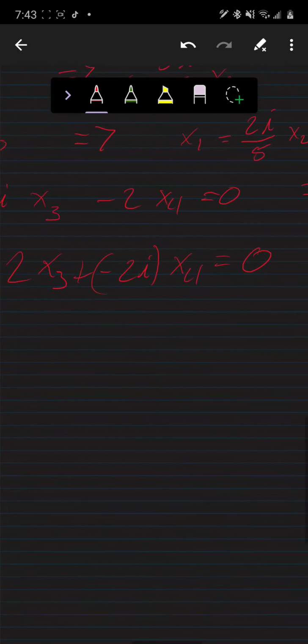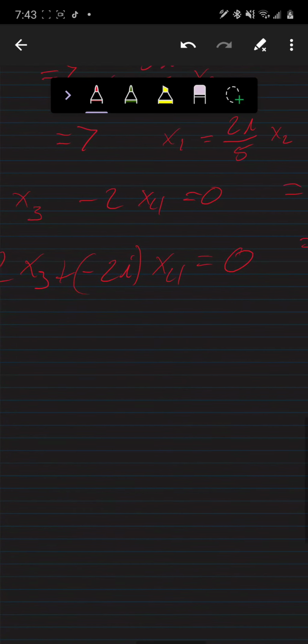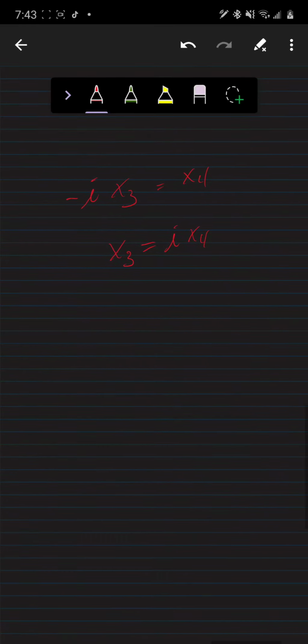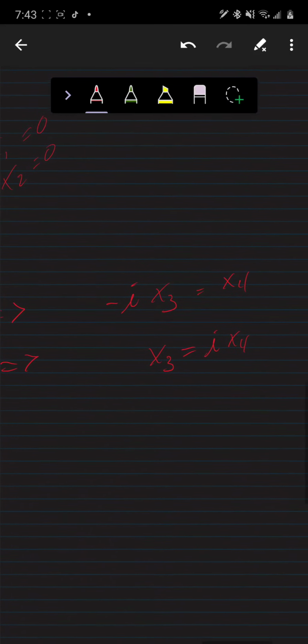And then over here, I'm going to do the same thing. I'm going to move this over here, and this is going to be x3 equals i x4.